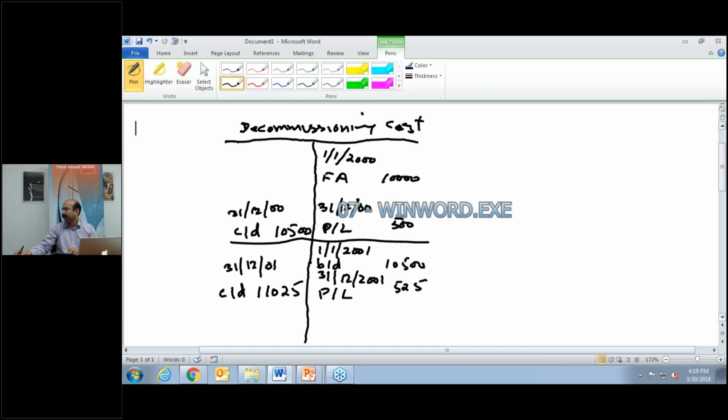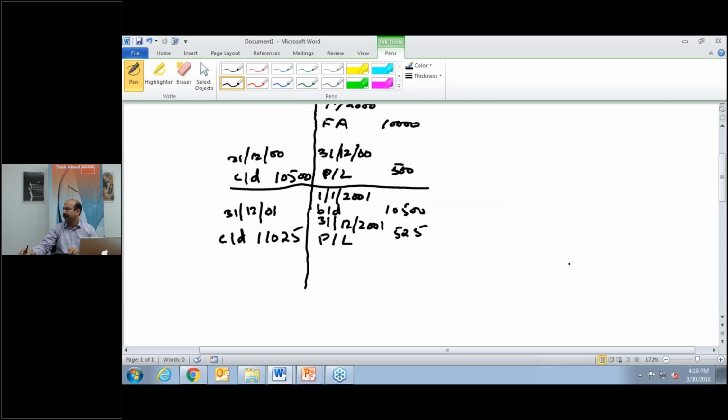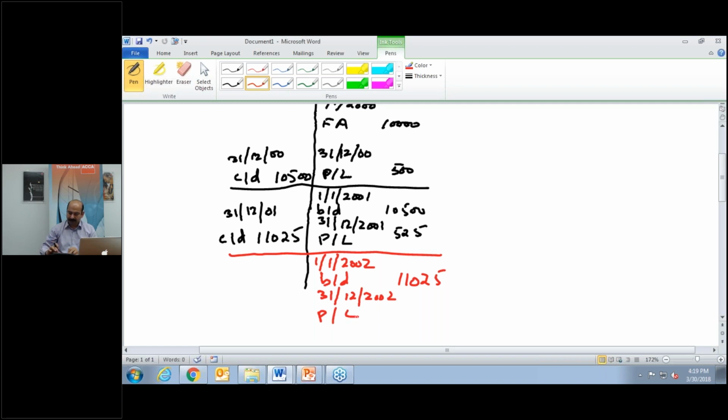Then the third year. Opening balance 1st January 2002, opening balance 11,025. Again, you unwind this amount at the rate of 5%.